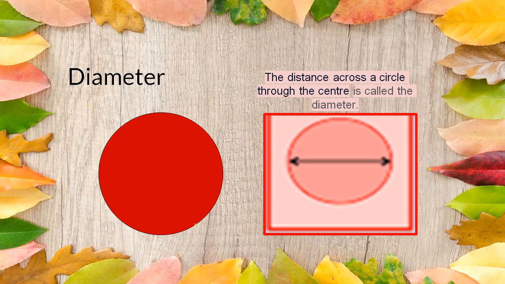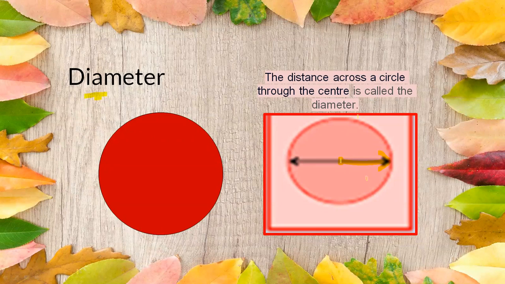Two more things. Diameter. What is diameter? A special line that passes through the center and moves toward the circumference. The whole line, I'm not talking about only the radius. The distance across a circle through the center.